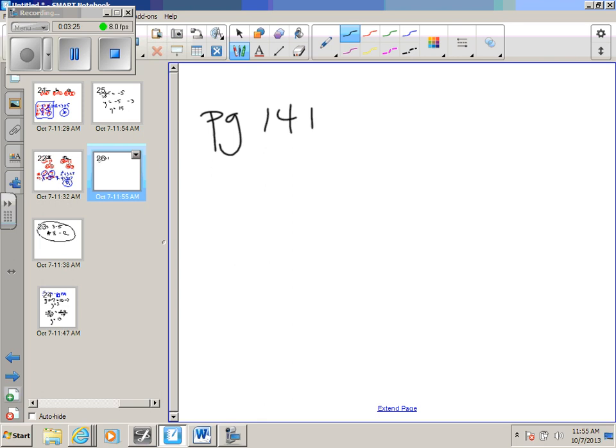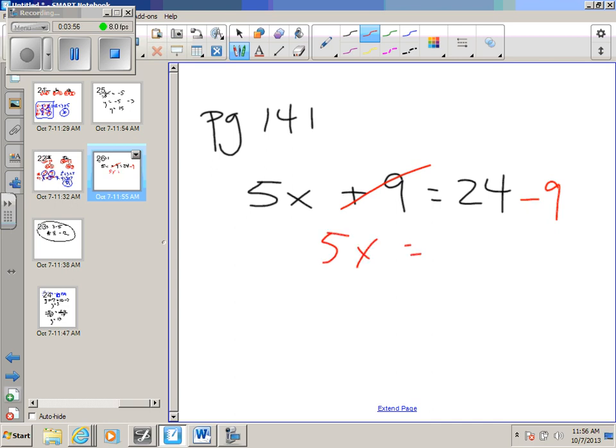Two-step. What makes this two-step? You just had examples of one-step. This is two-step. What's the difference? Mark. Two things to each side. The first thing I'm going to do is take care of the multiplication or the addition. No. Addition. And I'm going to do that how? Subtracting the 9 from both sides. Now it looks like the problems we just had.